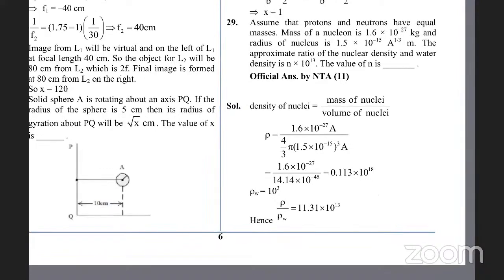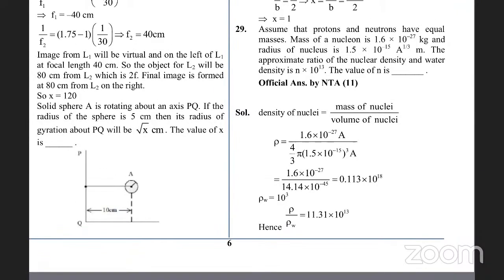Now look at the 29th problem. So it is the density of the nucleus. Assuming that protons and neutrons have equal masses, mass of the nucleon is given, radius is given, the approximate ratio of nuclear density to water density is n.